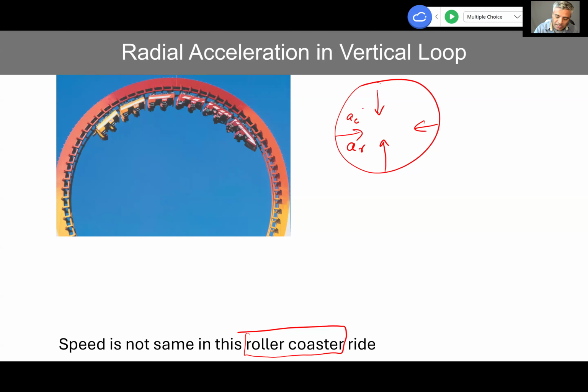So no matter where you are, you can have this radial acceleration, and it is always pointing towards the center. For example, when the object is here, it's pointing this way. When the object is here, it's pointing that way. It always points toward the center of the circle.